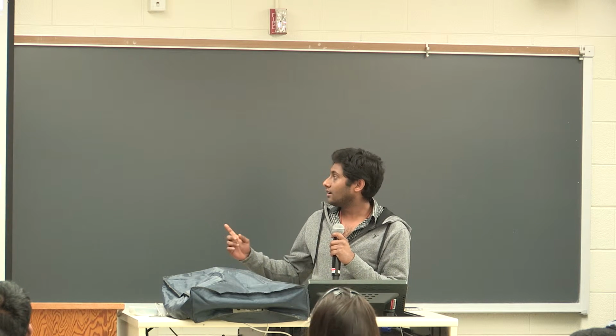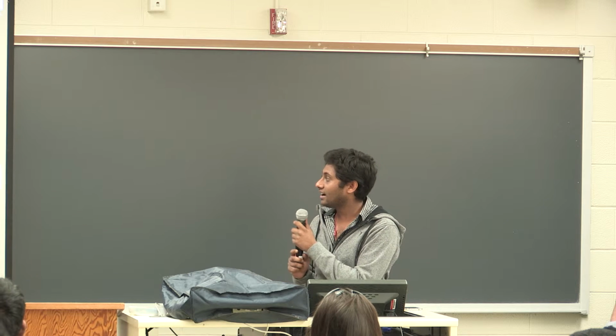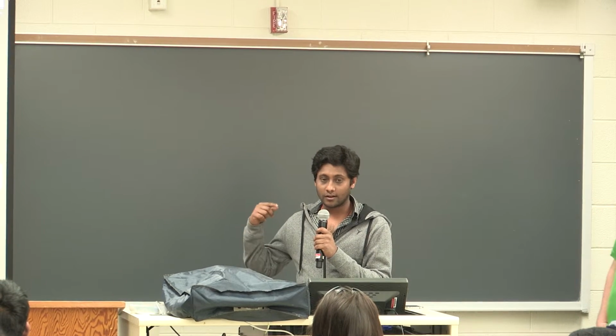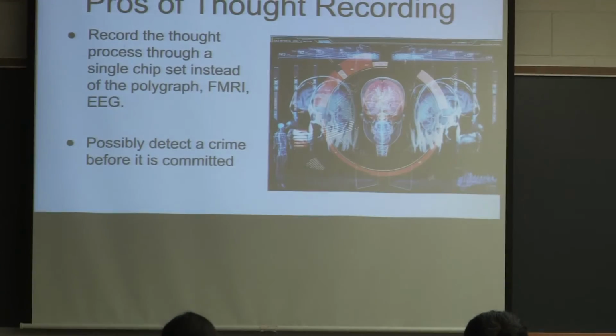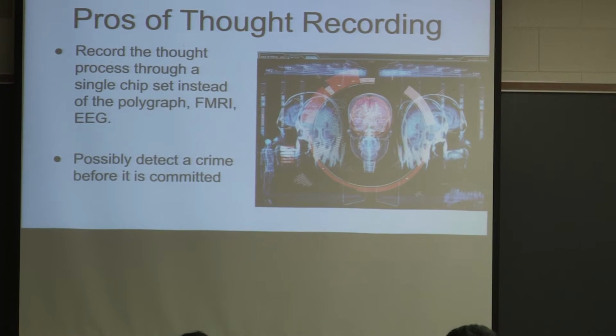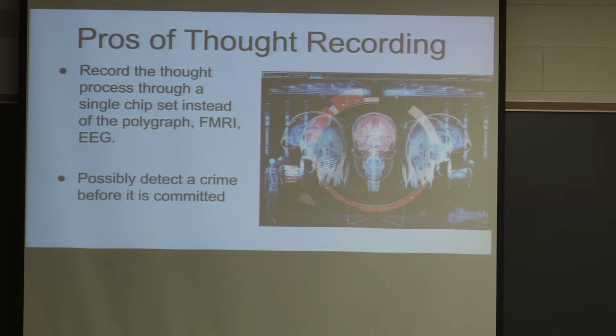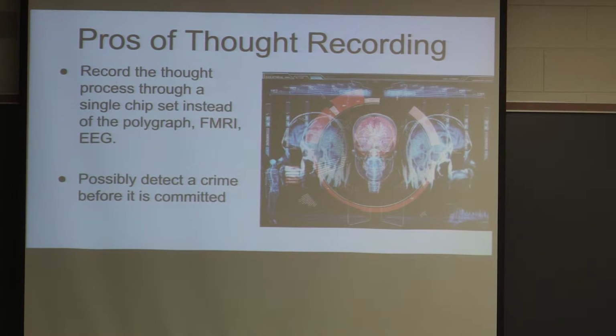We can use this technology because before, with fMRI and EEGs, we required a lot of connections to read the brain activities. But they are planning to implement a single connection device to read the images of the brain.